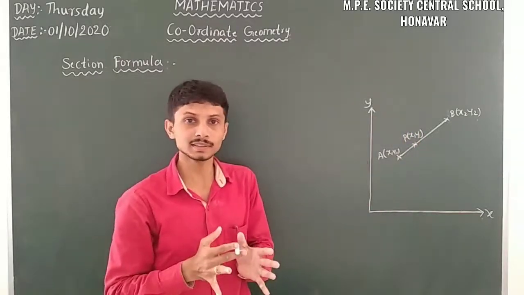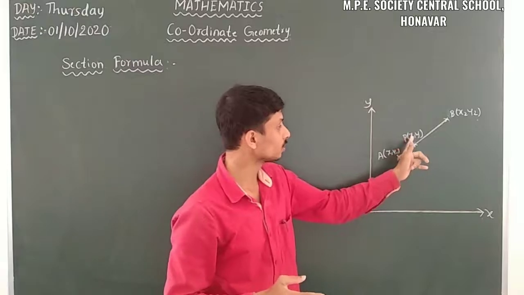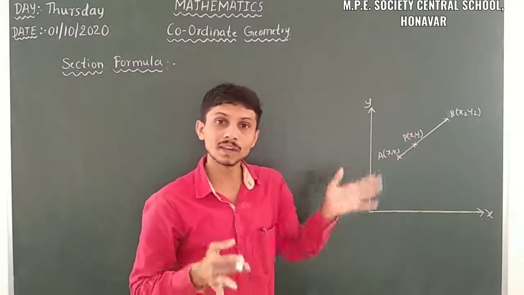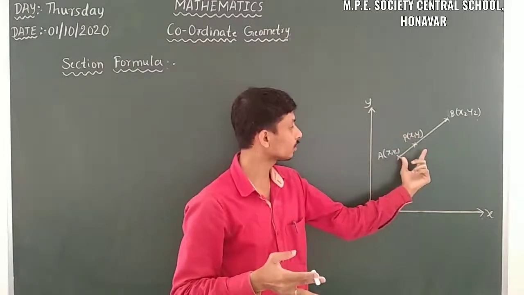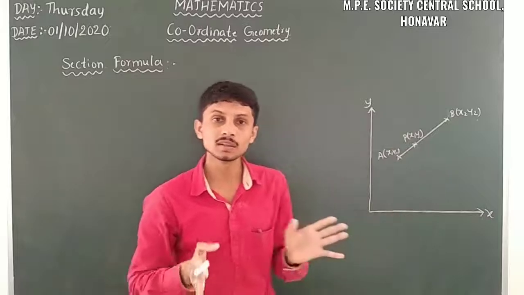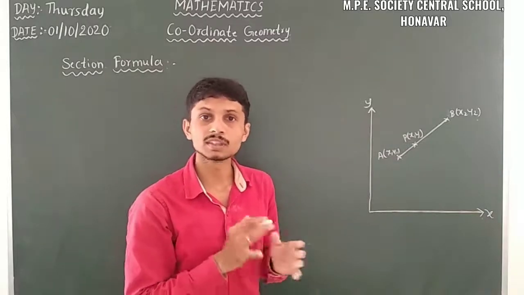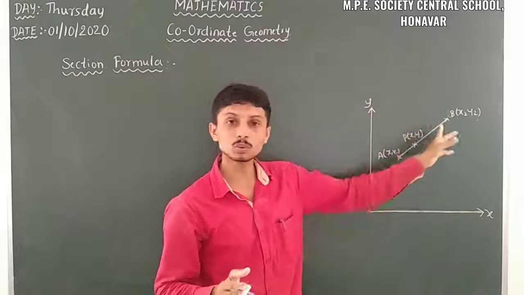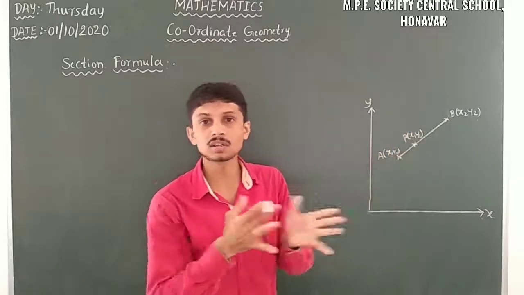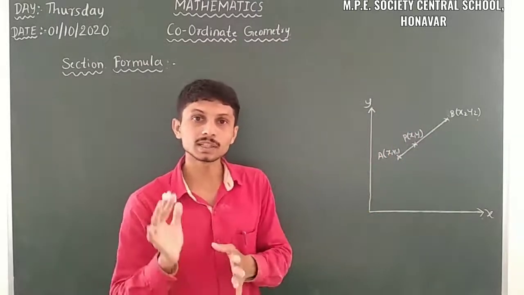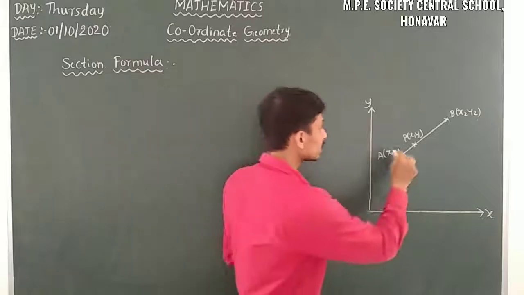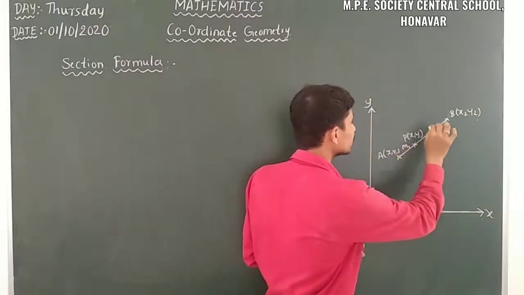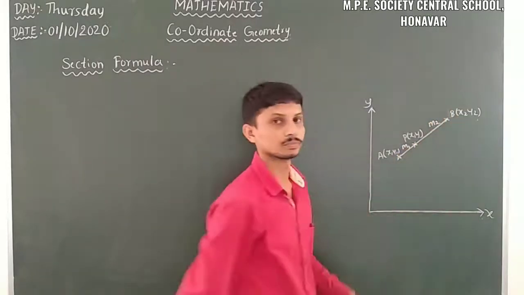Our challenge is to find x and y. When we have x and y, we can easily find this distance and this distance using the distance formula. But these two distances are not the same, so we take this distance as m1 and this distance as m2.